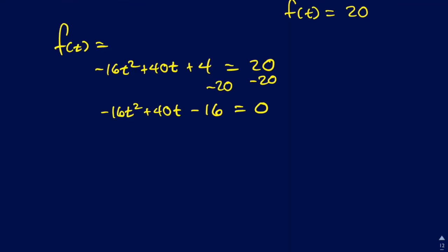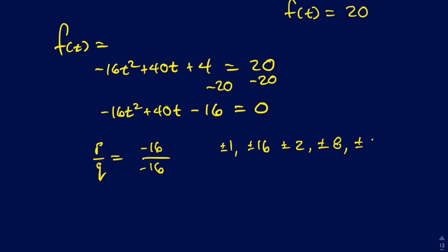So we're going to be factoring this now, only we're going to use synthetic division. We're going to use p over q, where p is the factors of -16 and q is the factors of -16. So we're looking at plus or minus 1, plus or minus 16, plus or minus 2, plus or minus 8, and plus or minus 4. Those are all the integer factors of 16.